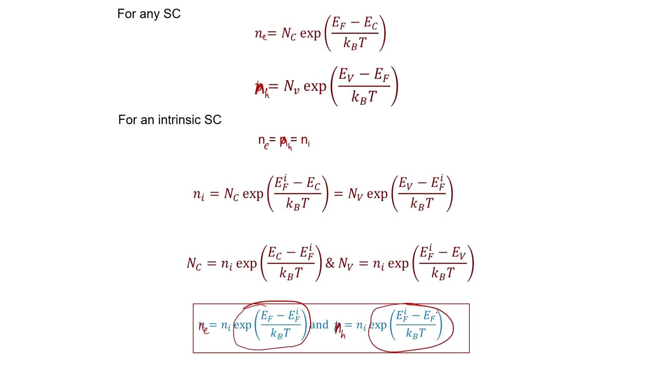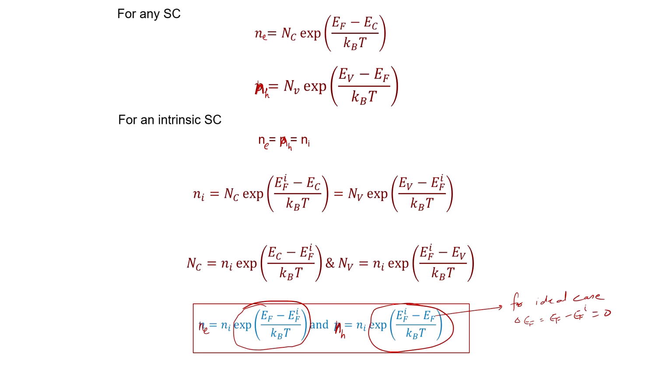Normally, for the ideal case, we take this as 0, that is, Ef minus EFI is taken as 0, which means Ne is equal to Ni and Nh is equal to Ni. But if there is a slight difference, delta Ef, then this will make a little difference.